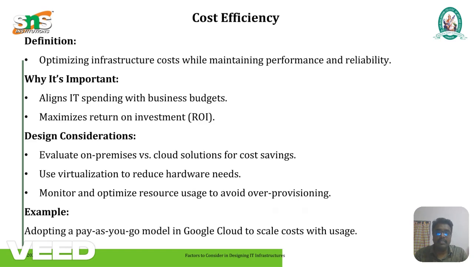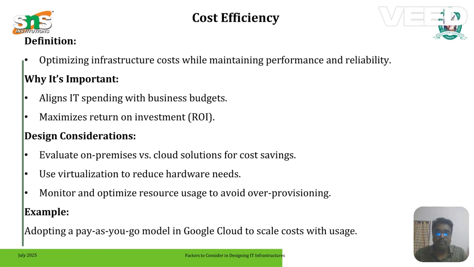Next is cost efficiency. Cost efficiency is the process of bringing the cost down by properly maintaining and ensuring that our system is reliable. IT spending should be in line with the budget. It should not exceed the budget, and whatever investment we make, the return on investment should be maximized.